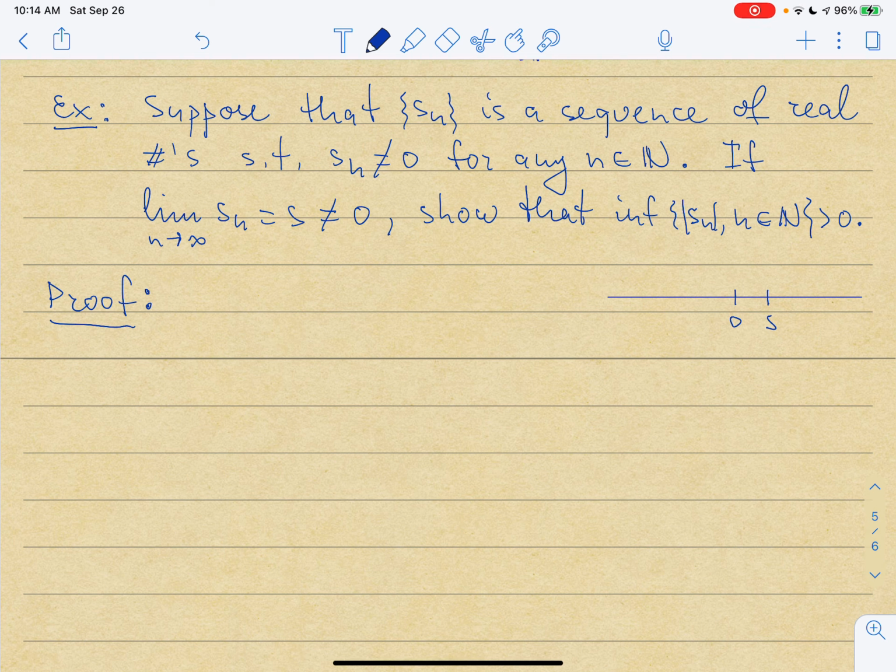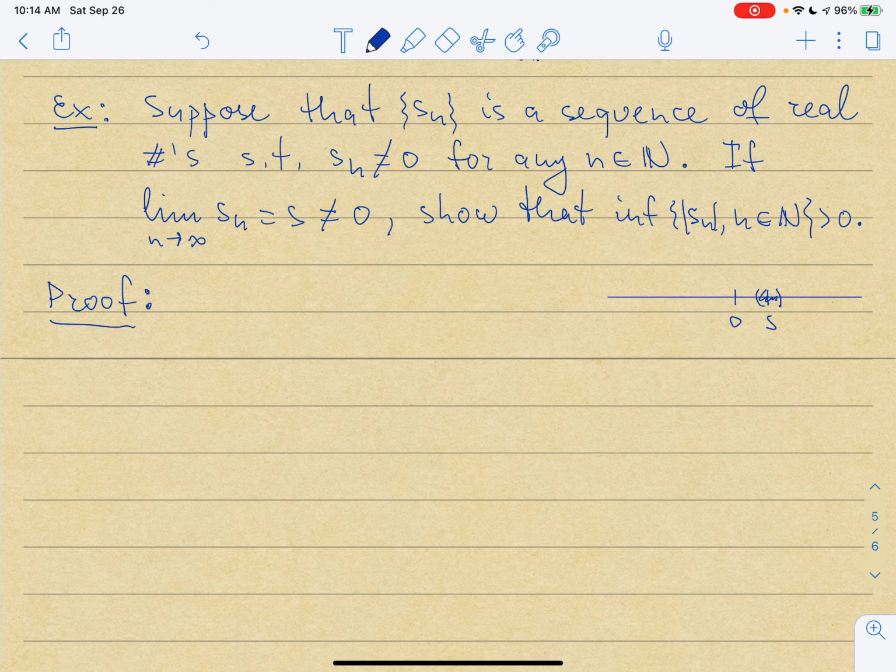So what do we know? We know that the limit as n goes to infinity of Sn is S. So that means that eventually all Sn's are going to be in the vicinity of S, close enough to S so that they stay away from 0. So that means that starting from a certain capital N, I would expect that Sn are farther away from 0, let's say, than S over 2.